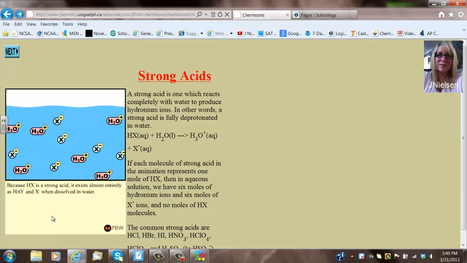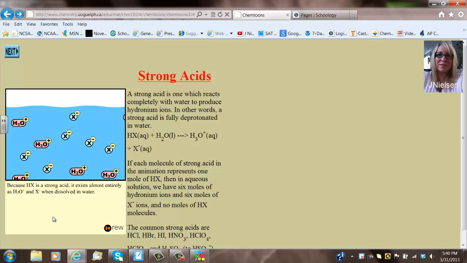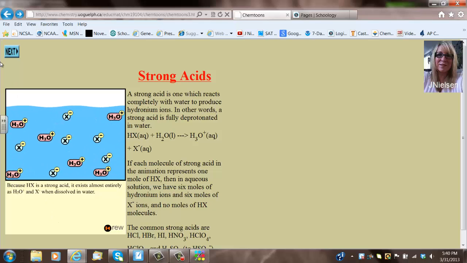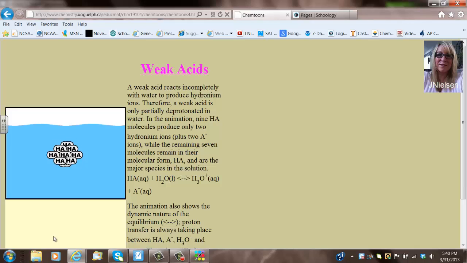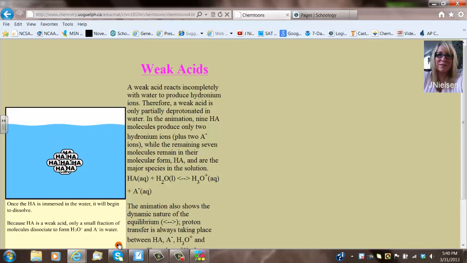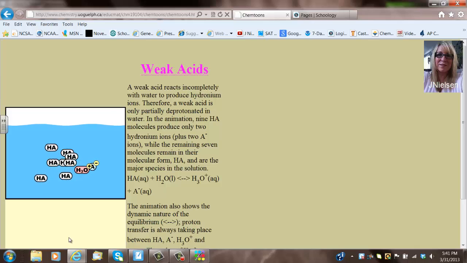So you can see here strong acids dissociate 100% in solution as compared to weak acids. Weak acids ionize probably less than 5%. So we call HA basically weak acids. It starts to dissolve. Only a couple of them actually produce H+ and then react with the water to produce H3O.